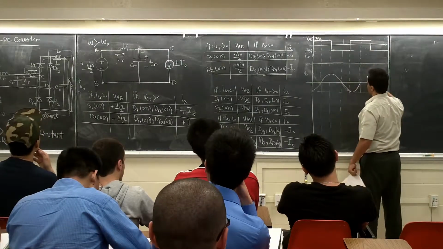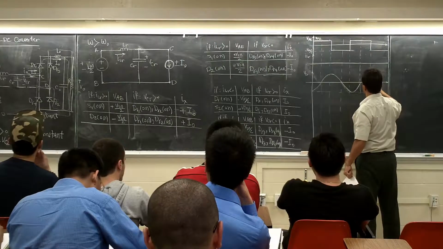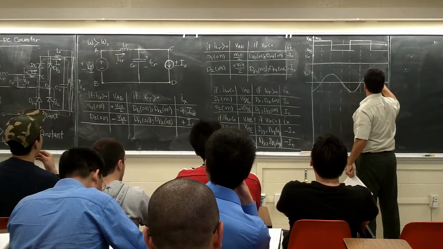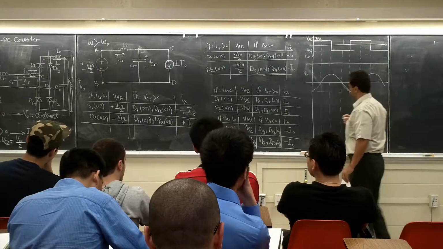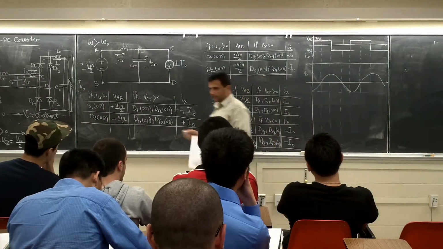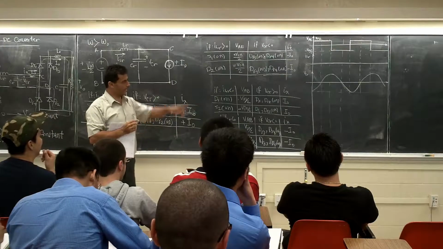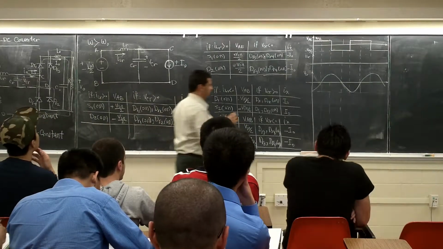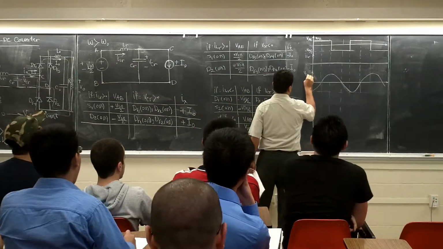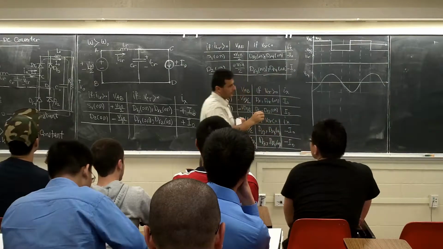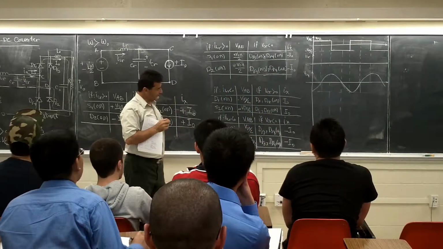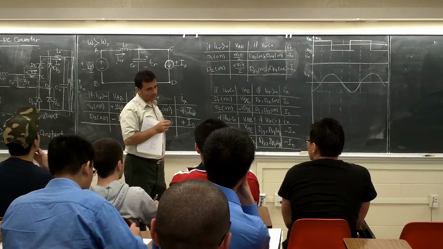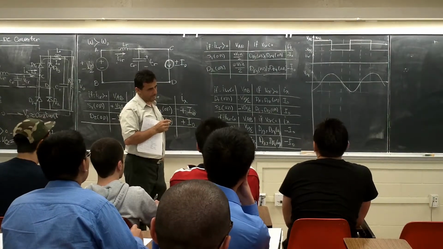It's going to repeat. So we say the VCR is going to be, and this is the fundamental, VCR1, the fundamental of the VCR. Now, if you look at the ILR, how is it going to look?